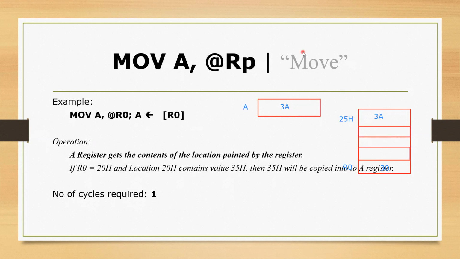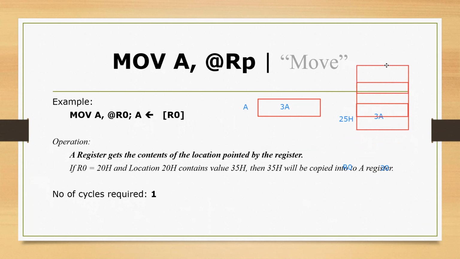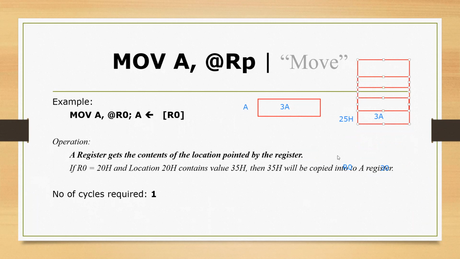So you can see here in this example, the content of the R0 register, move A comma @R0.